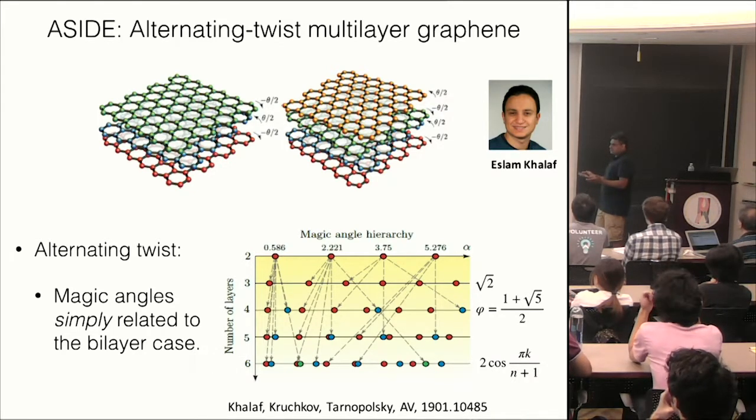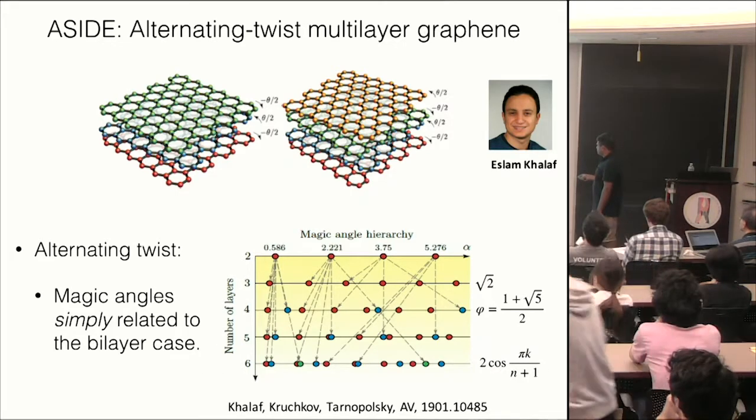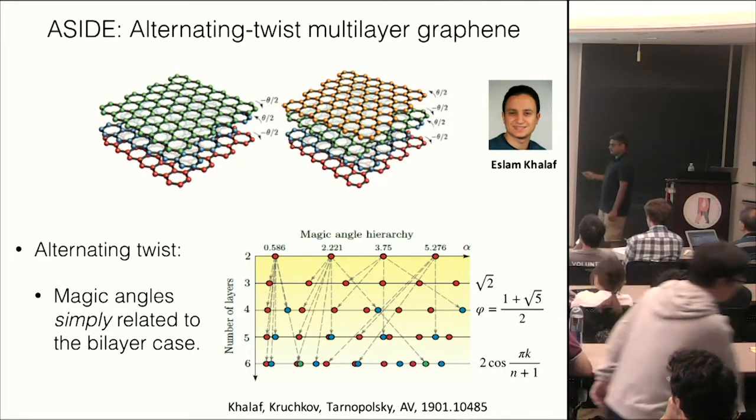That's good because it means a slightly larger magic angle, maybe easier to make, and you'll have stronger interactions if you have a somewhat larger magic angle. If you do 4 layers, again, you get a sequence. The number of magic angles sort of doubles, and the ratio is now the golden mean compared to the original bilayer case.